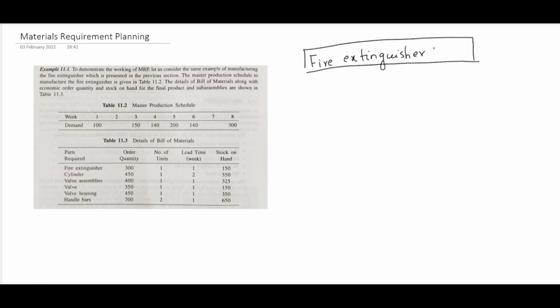This is the main assembly or the final assembly. It can be made by using one cylinder. So these are the subparts. It consists of three subparts. First one is the cylinder.